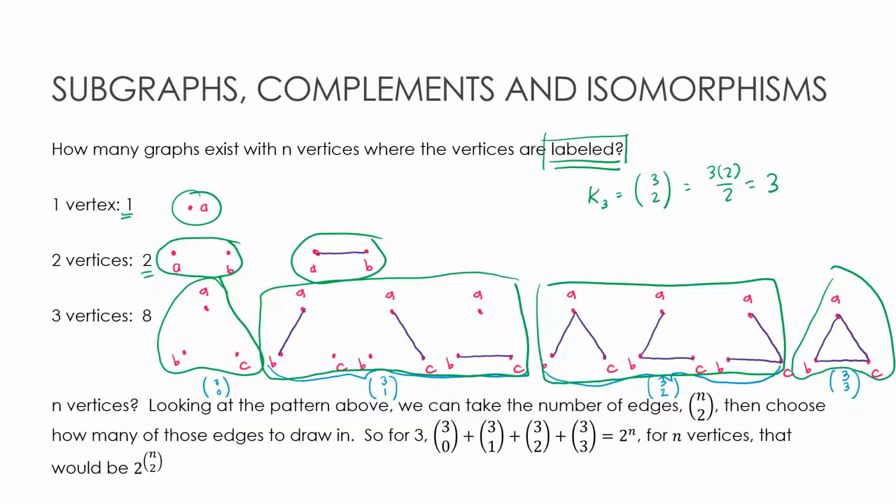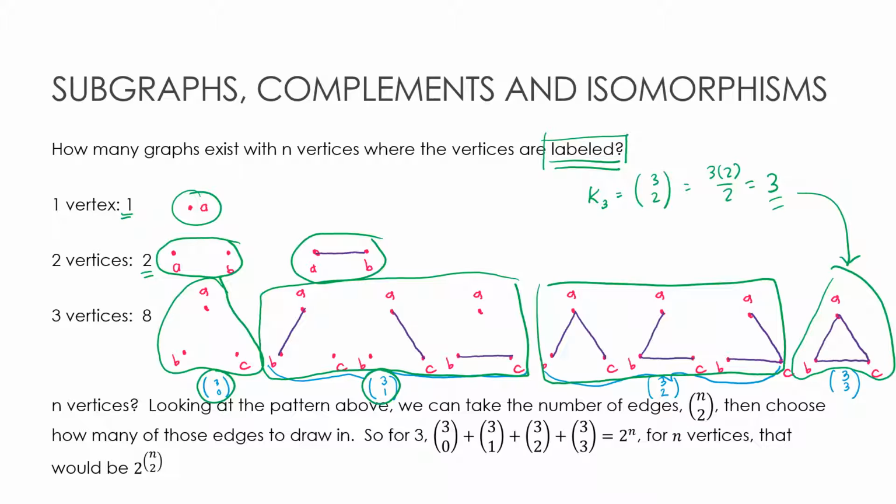And we can see that here, that there are 3 total edges that I could draw in. Essentially what I'm doing is I'm choosing how many of those 3 edges to draw in. So I'm saying here's 3 choose 0, because there are 3 edges I could have drawn. I chose not to draw any.